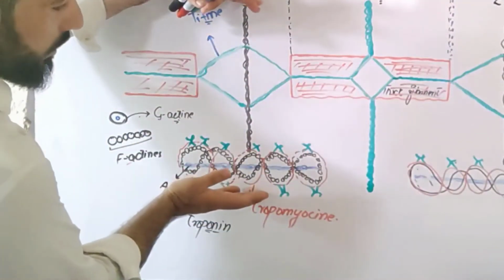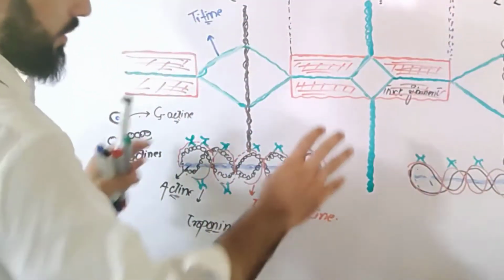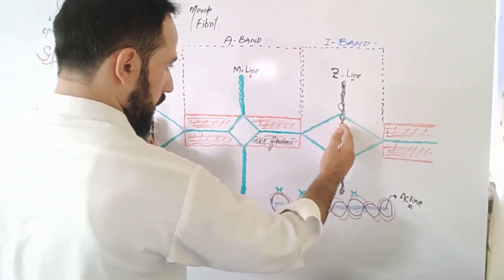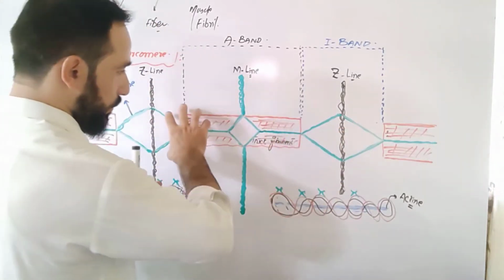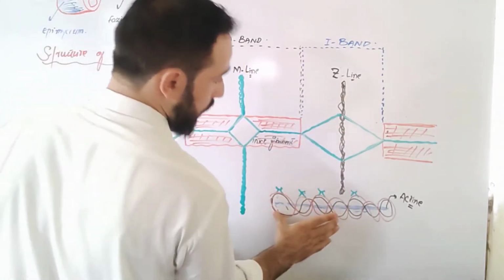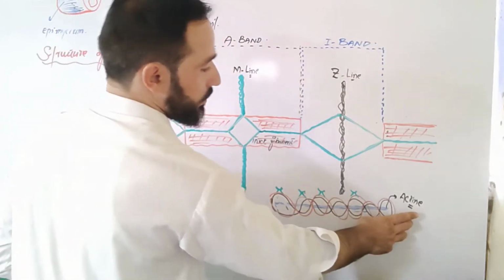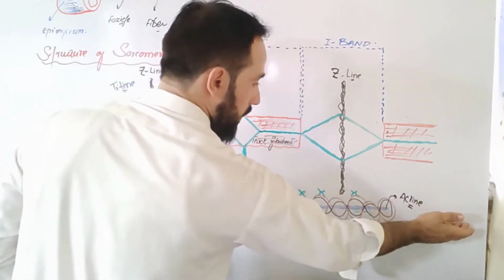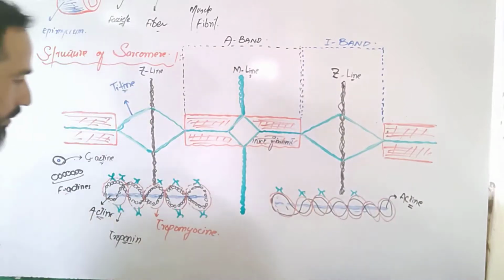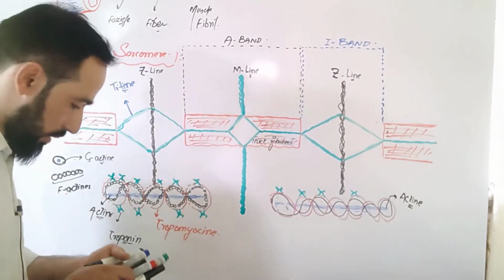So above thin filaments, below thin filaments, above and below. One sarcomere contains the full thick filament and half of the thin filament. Half of the thin filament has gone into the other sarcomere, and here also into the other sarcomere, right friends?